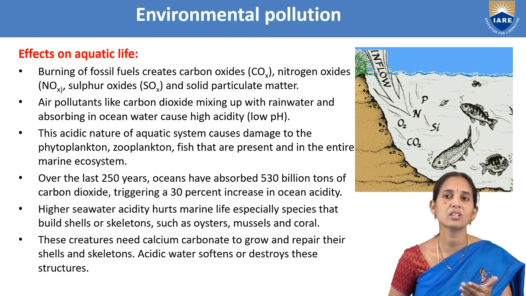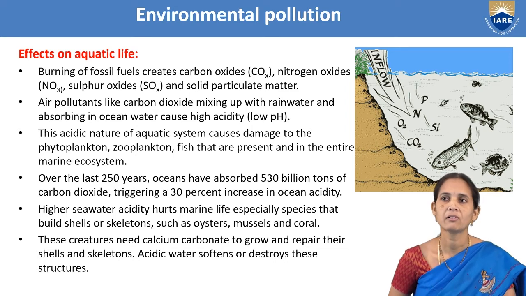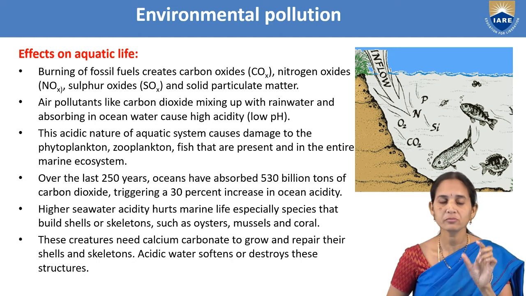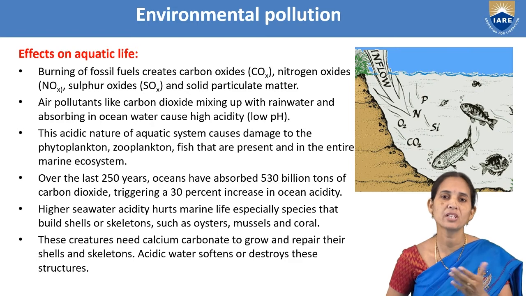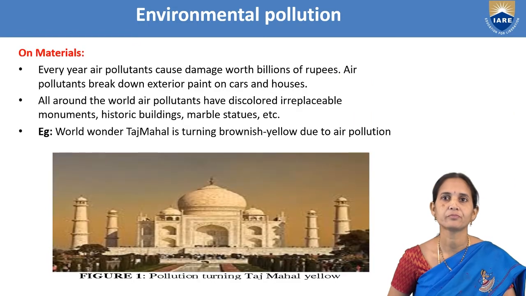So higher seawater acidity hurts marine life, especially the fishes and other organisms like phytoplankton and zooplankton. So all these effects are there for aquatic life because of more air pollution, more pollutants present in the atmosphere.